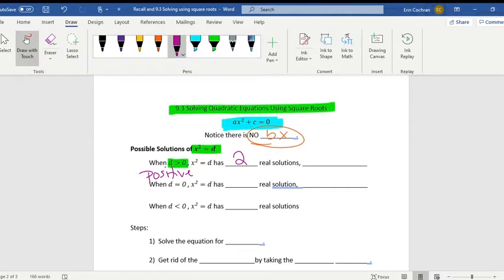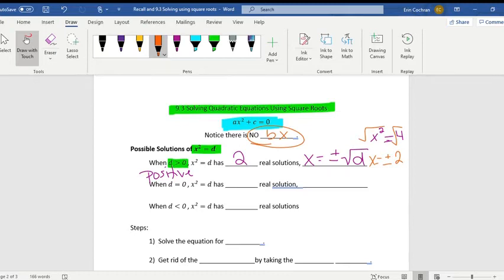Those two real solutions are going to be plus or minus the square root of whatever d is. Like if I had an example of x squared equals 4, to get rid of a square, we take the square root. Since 4 is positive, we're going to put plus or minus, and the square root of 4 is 2. So x could be a positive 2 or a negative 2.